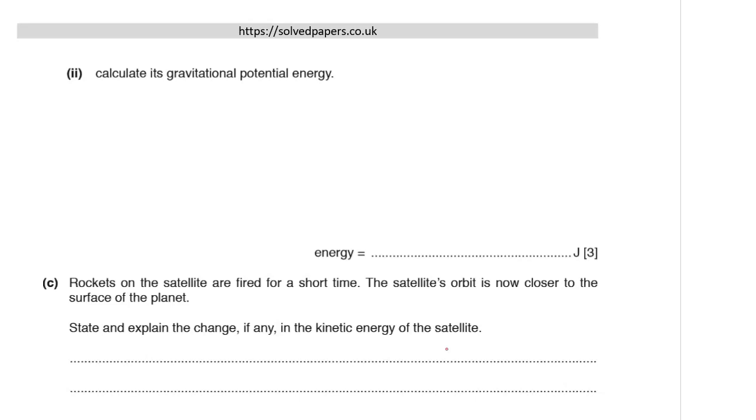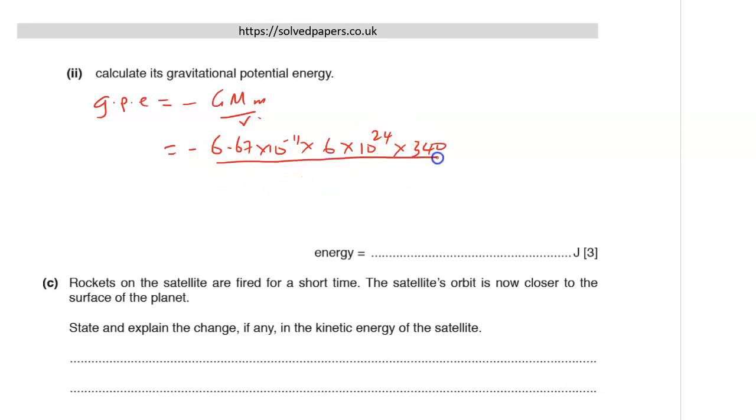Part 2, calculate its gravitational potential energy. Gravitational potential energy is equal to GMm over r. G is 6.67 times 10 to the power minus 11, times 6 times 10 raised to power 24, times 340, which is the mass of the satellite, and the radius r is what you have calculated up there, 6.4 times 10 raised to power 6 plus 0.9 times 10 raised to power 6.